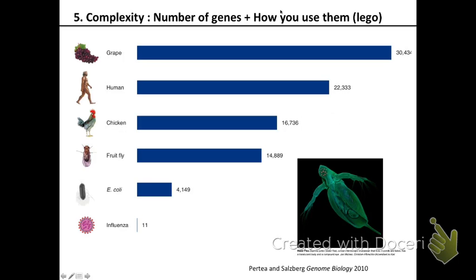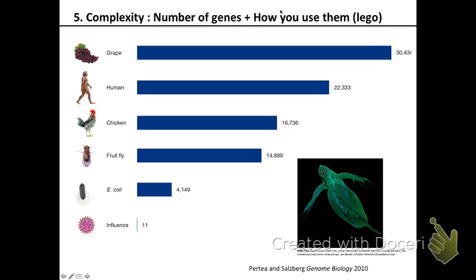Again, it's not that shocking that the number of genes also roughly correlates with the complexity of an organism, right? But not perfectly. What you can see here is that, for example, a small organism like the flu virus has very few genes, and bacteria has a little bit more, and humans have a lot more. And this water flea here has the highest known number of genes on Earth so far.